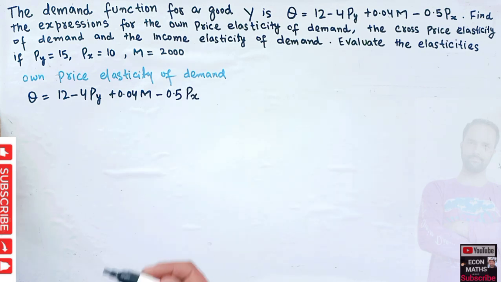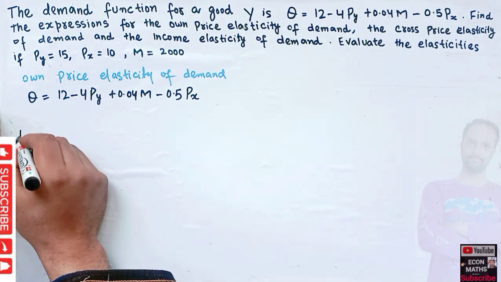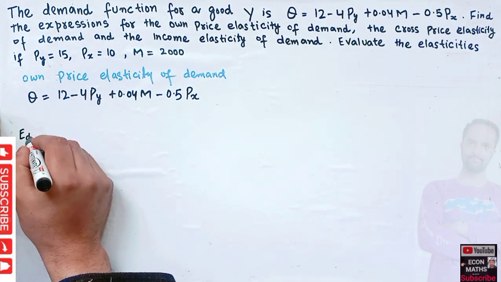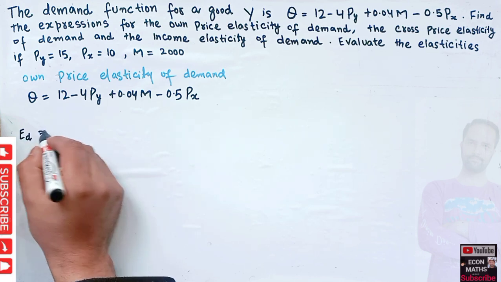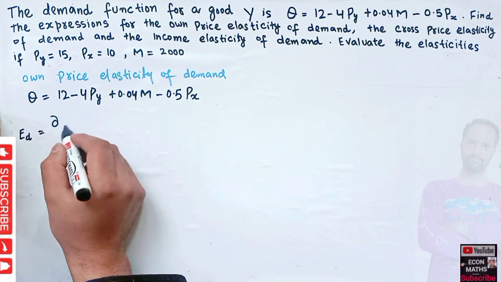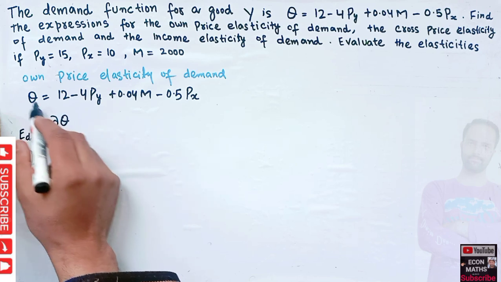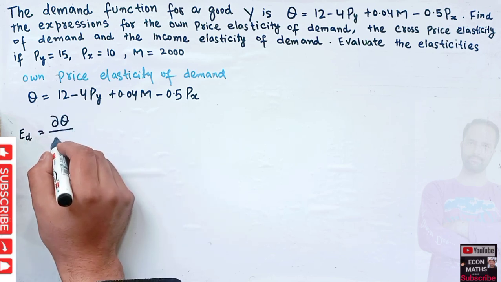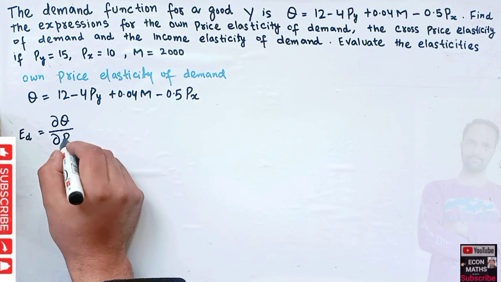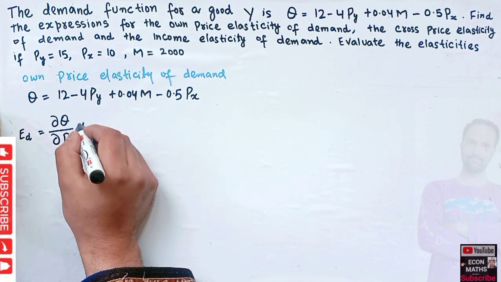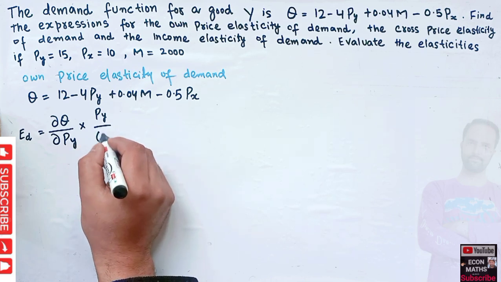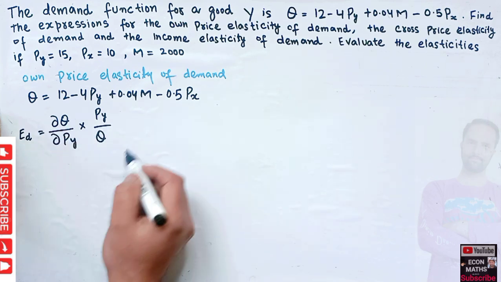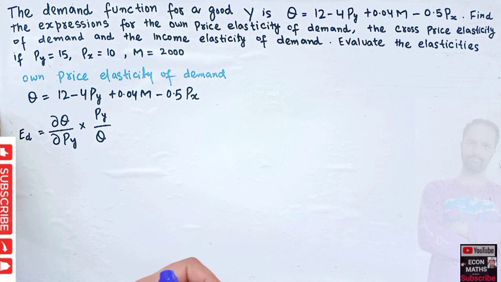Okay, now own price elasticity of demand, let me denote it like this. E subscript D denotes the elasticity of demand. It is given as the change in the quantity of good Y with respect to the change in the price of good Y, times the price of good Y over the quantity of good Y. Okay, so this denotes our own price elasticity of demand.